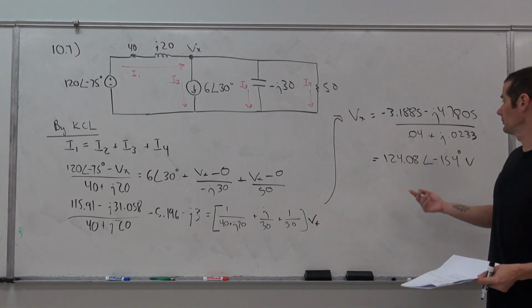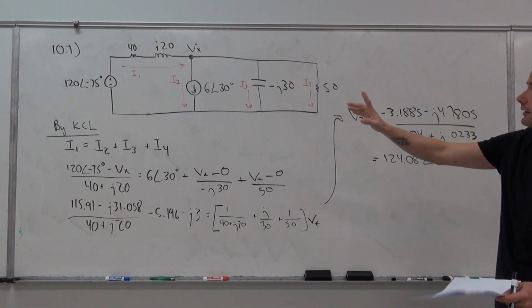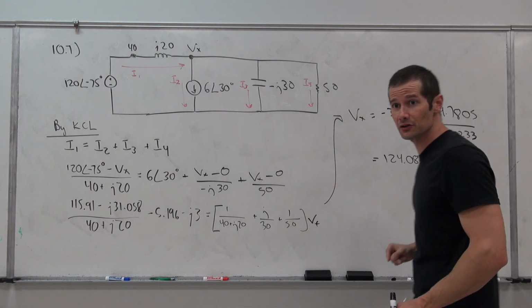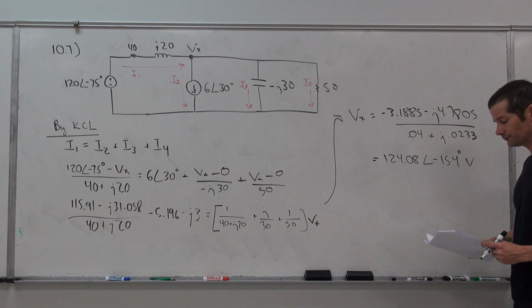So this is what we end up getting due to the fact that we not only have the voltage source on the left, but also considering that we do have this current source that's driving a high value of voltage here. Okay.